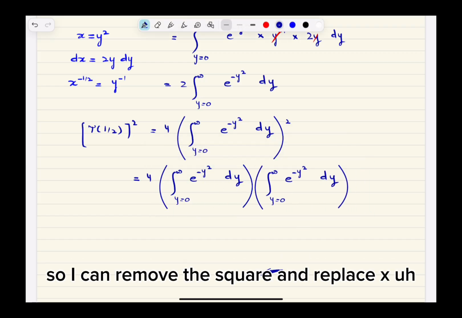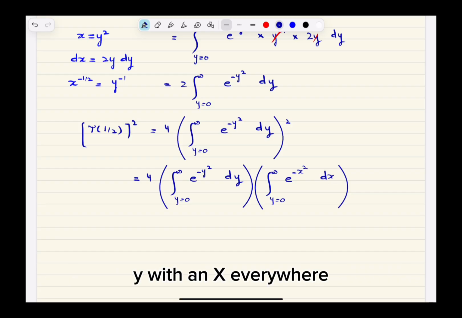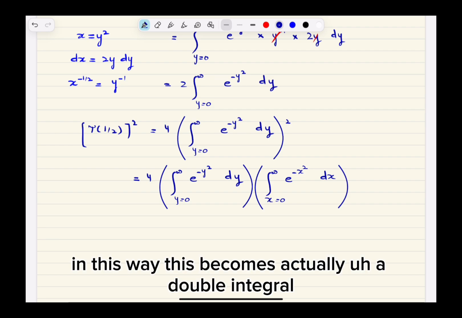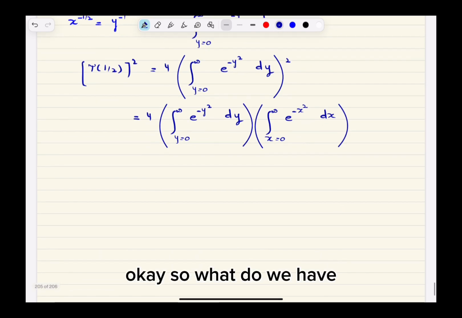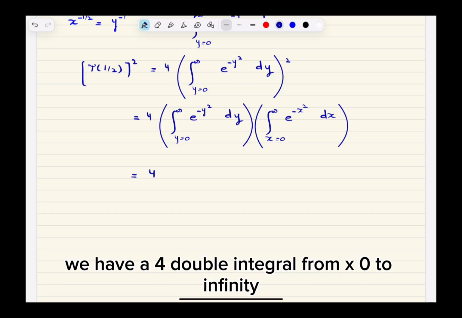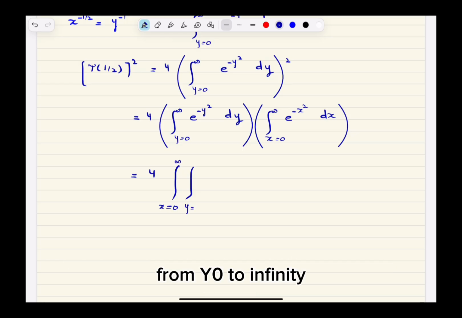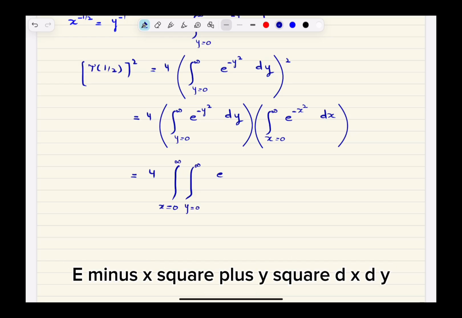So I can remove the square and write this as a double integral. We have 4 times the double integral from x 0 to infinity, from y 0 to infinity, of e to the minus x square plus y square dx dy.